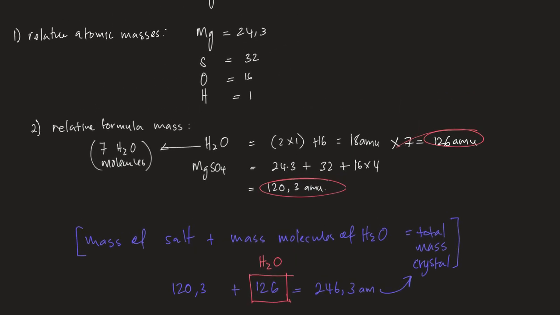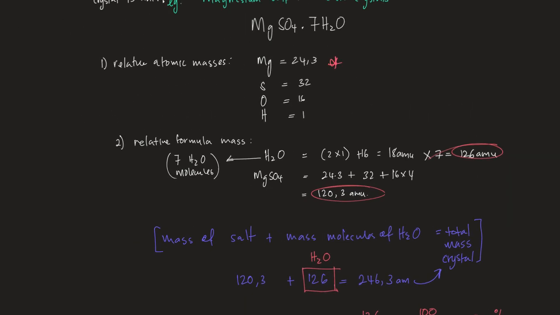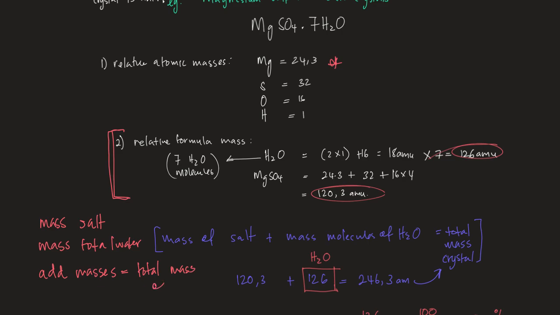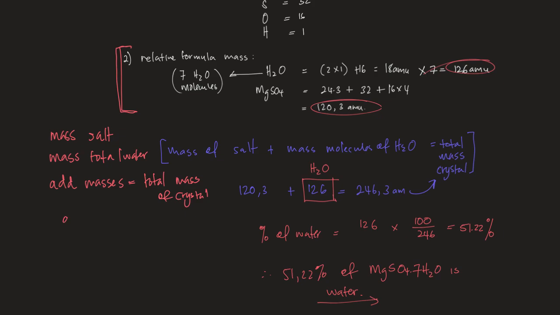Right? This step here you don't have to do. This step here you have to do, because you need to find three things: mass of the salt, mass of the total water, then you need to add the masses to get the total mass, and then all you have to do is a percentage calculation.